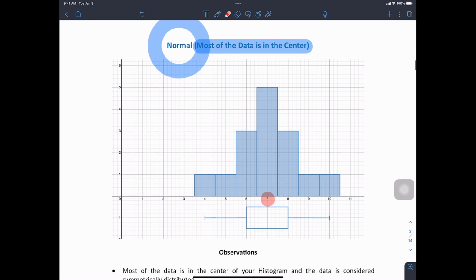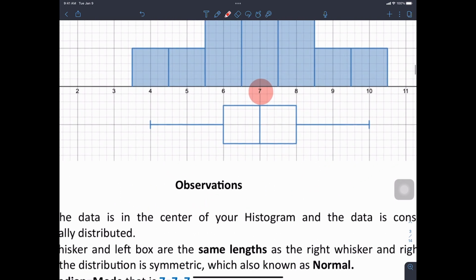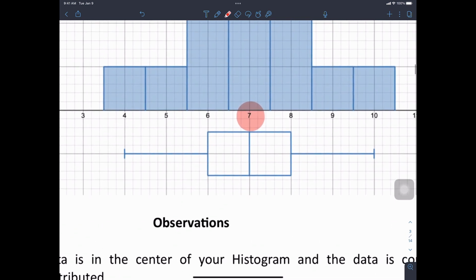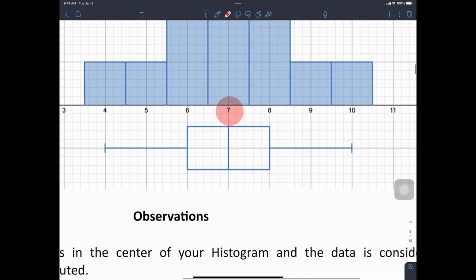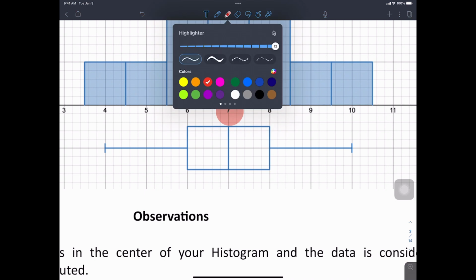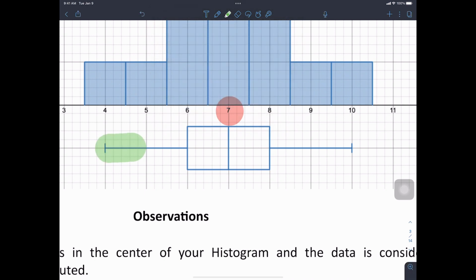So now I want to focus on the box plot and the observations here, just so you guys know. Take a look at the whiskers. You see the distance here for that left whisker and the right whisker? They're the same. They're equal. That's going to have some meaning.